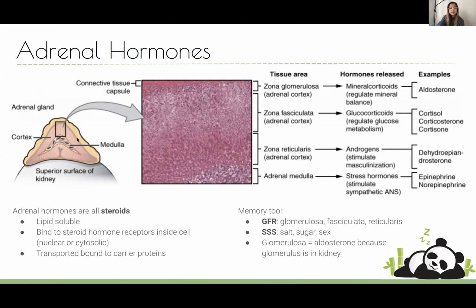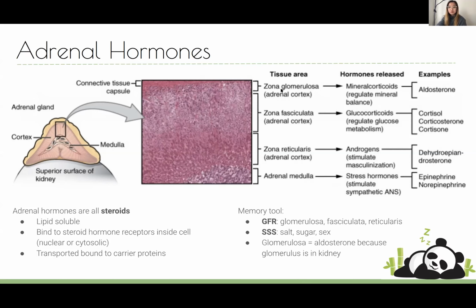You can see here that your cortex is this outer bit and your medulla is this inner bit. Your cortex has the zona glomerulosa, fasciculata, and reticularis. The memory tool for that is GFR, like your glomerular filtration rate. And for the hormones released and what they do, you can remember SSS: salt, sugar, and sex.